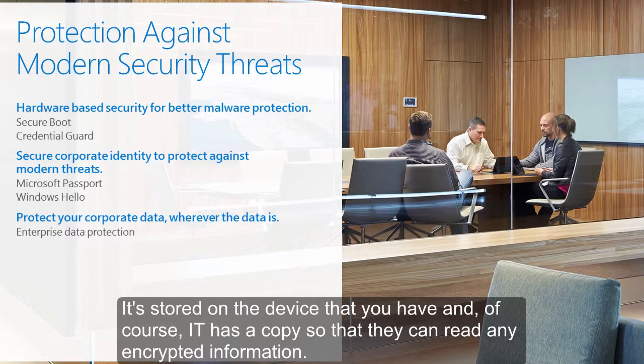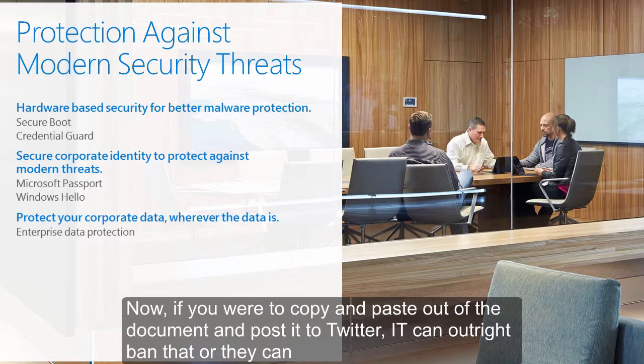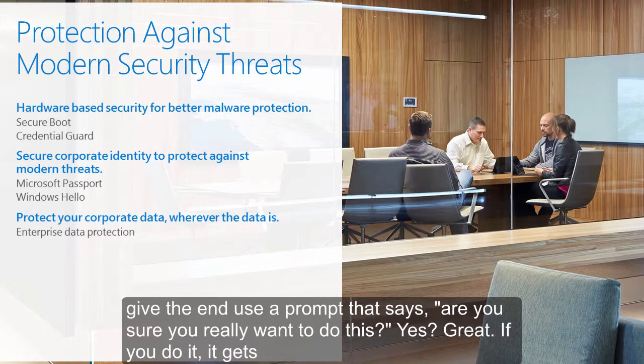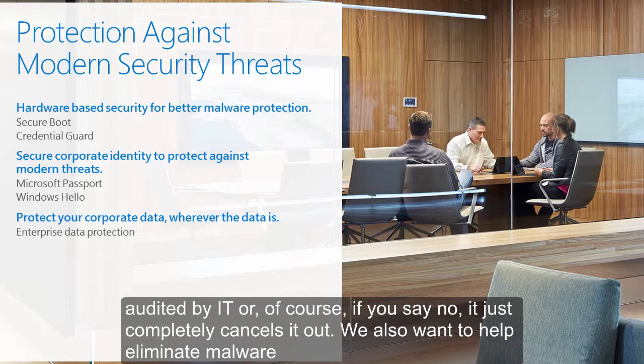It's stored on the device that you have, and of course IT has a copy so that they can read any encrypted information. Now, if you were to copy and paste out of the document and post it to Twitter, IT can outright ban that, or they can give the end user a prompt that says, are you sure you really want to do this? Yes? Great. If you do it, it gets audited by IT, or of course if you say no, it just completely cancels it out.